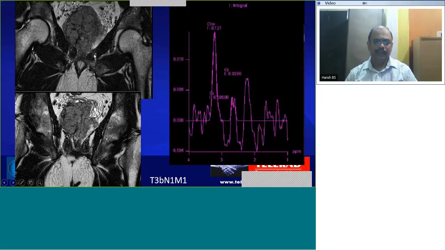We also have a corresponding MR spectroscopy image which demonstrates the elevated choline levels and the decrease in citrate levels, which is the typical spectroscopic finding in the cases of prostate cancer.